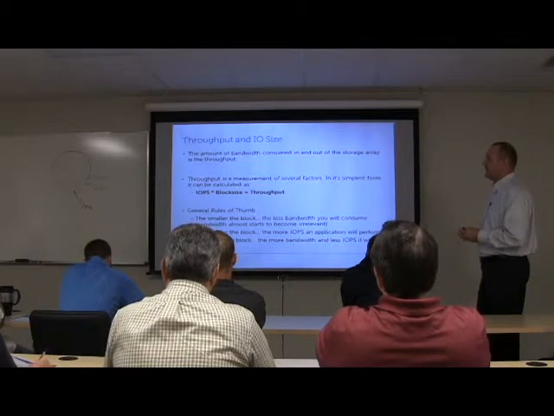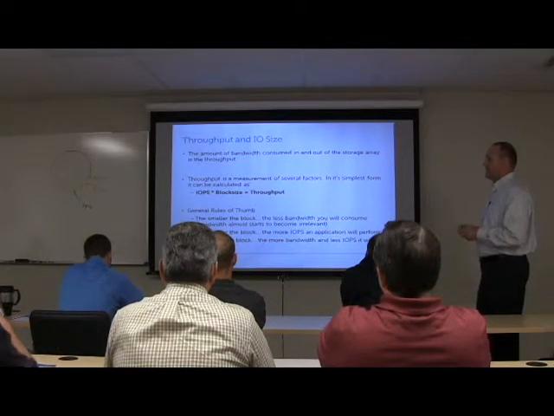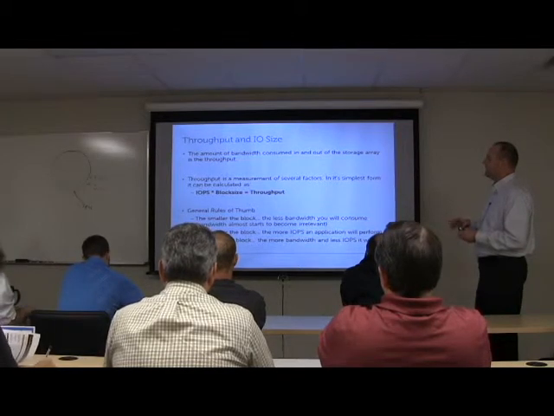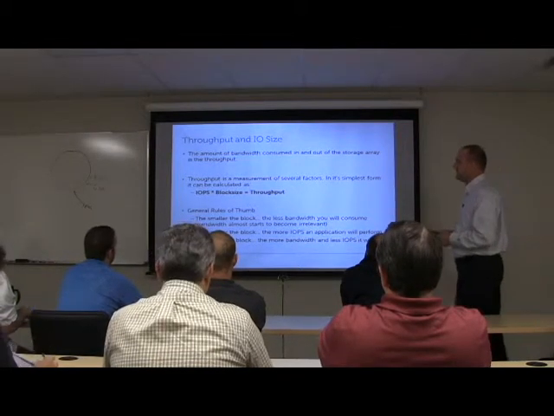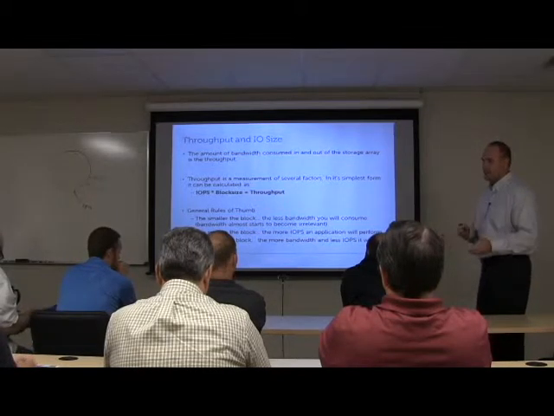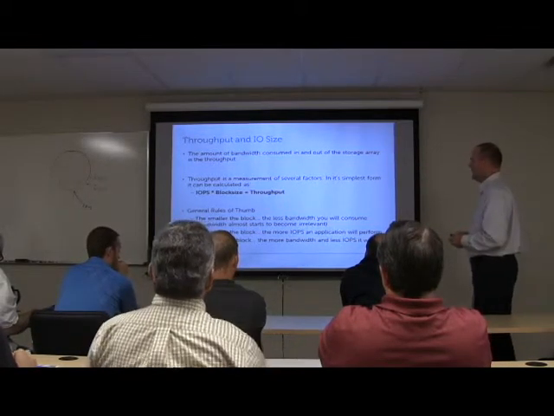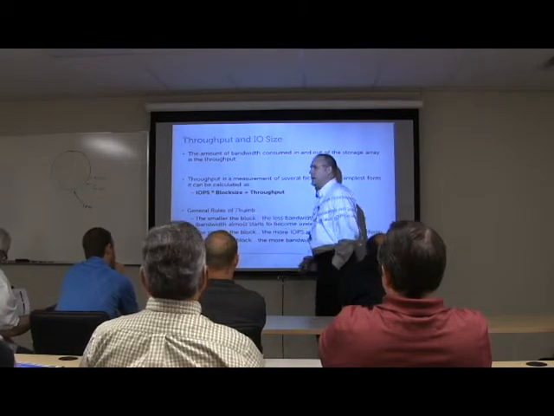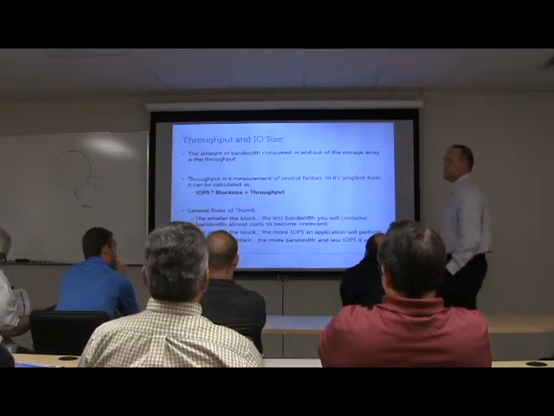Throughput and I/O size. Again, we're back to the megabytes per second and the IOPS here. Throughput is measured by a number of different factors. In the simplest form, you can calculate your throughput by taking your IOPS times your block size.